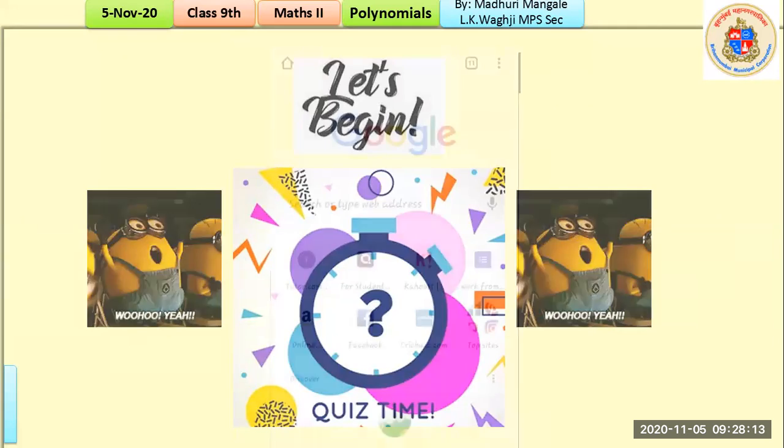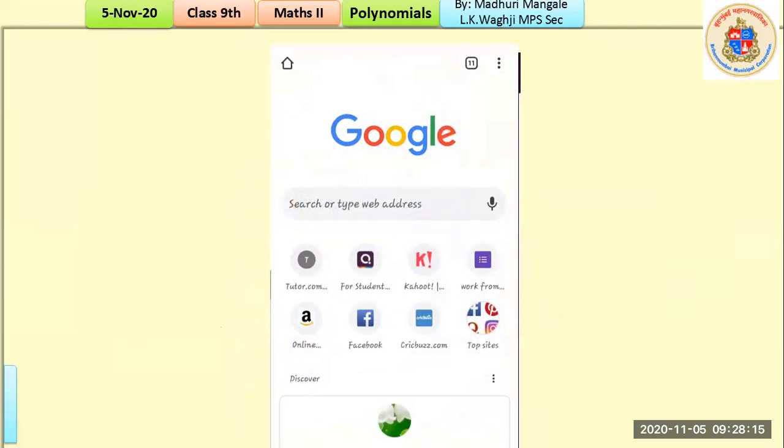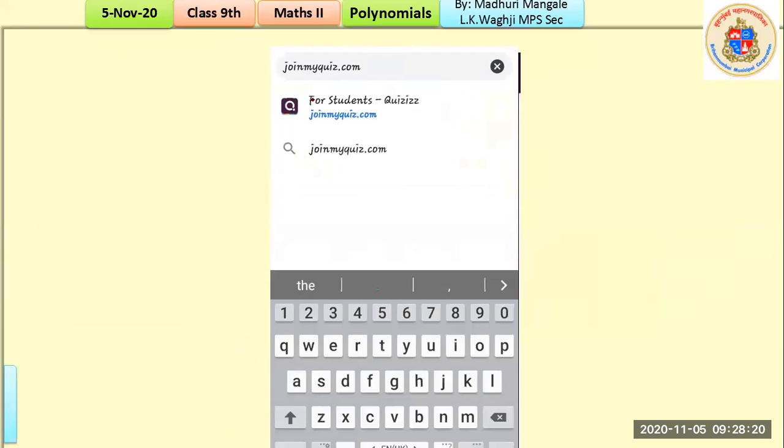The instructions are, you need to go to any web browser and Google joinmyquiz.com. Especially you would be selecting the first option, that is for students.